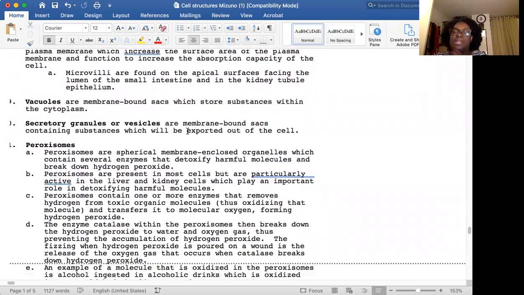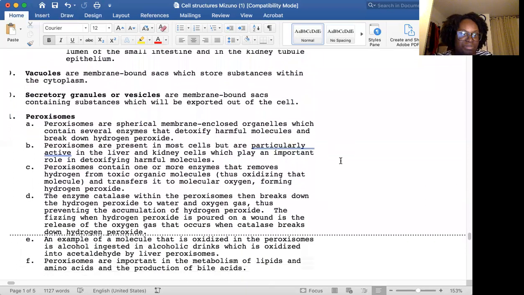Vacuoles are membrane-bound sacs which store substances within the cytoplasm. That's pretty much what it is. Secretory granules or vesicles are membrane-bound sacs containing substances which will be exported out of the cell.